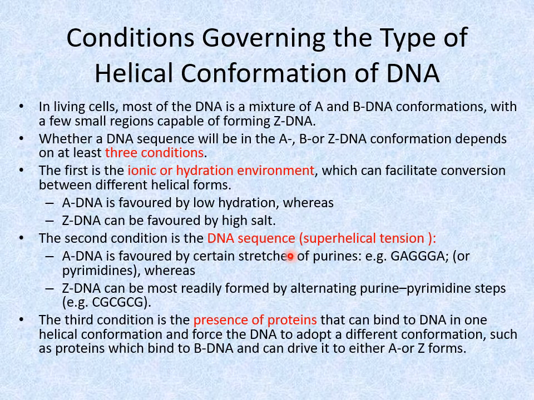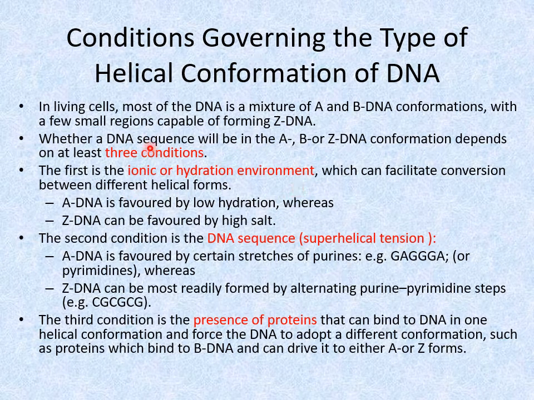So we may say that these three forms depend upon the particular DNA sequences present in the stretch of the DNA. And the third thing is the presence of specific proteins which bind to the DNA in one helical conformation, and that results in the change in the conformation.